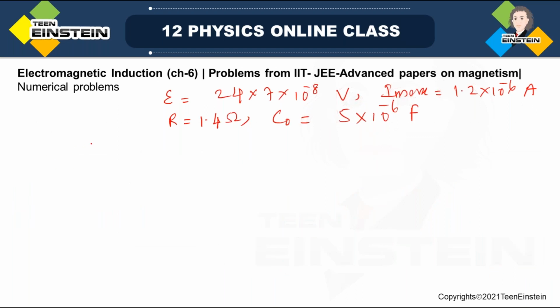So now if you want to find out the maximum charge on the capacitor, then C0E. C0 is 5 into 10 to the power minus 6 farad into E, which is 24.7 into 10 to the power minus 8 coulomb.